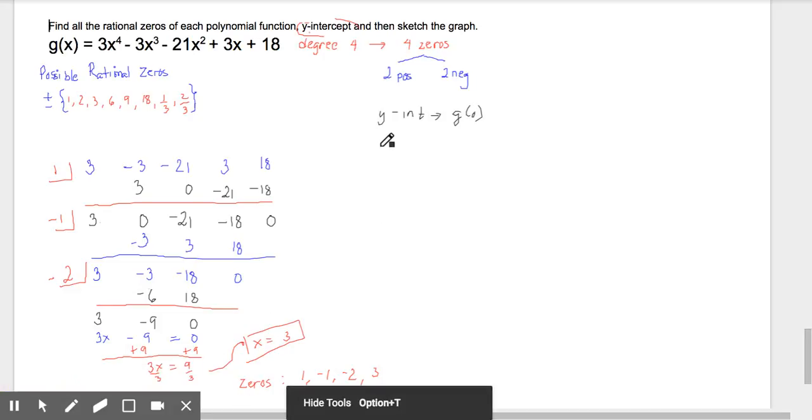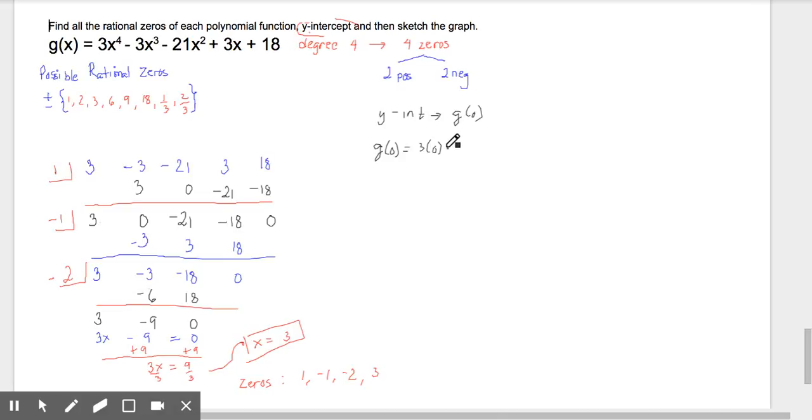Okay, so g of 0 is equal to 3 times 0 to the 4th minus 3 times 0 to the 3rd minus 21 times 0 squared plus 3 times 0 plus 18.